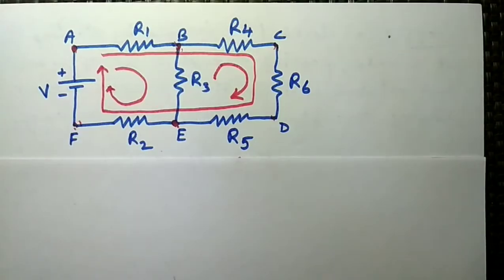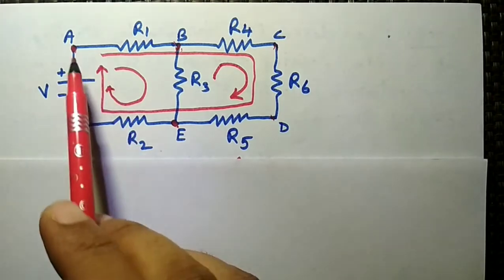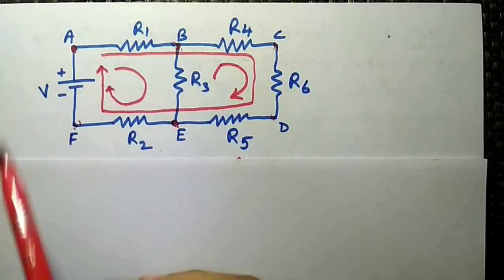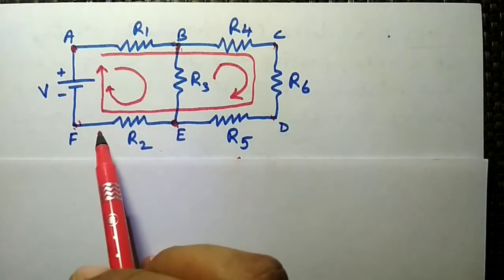Let's consider this circuit, and we will explain all the definitions by using it. The first one is the loop. A loop is a closed path of a circuit. In this circuit, we have a total of three loops. The first closed path is A, B, E, F and A, so it is one loop.